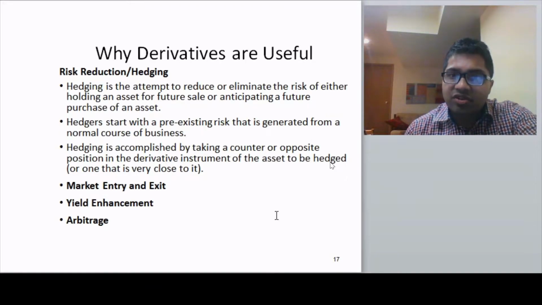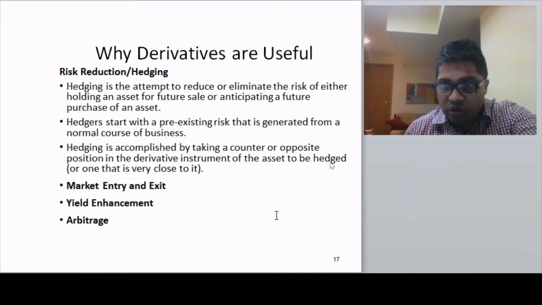Why are derivatives useful? Because they help to reduce risk. In the example we took, China was reducing the risk of oil prices going up and Canada was reducing its risk of oil prices going down.